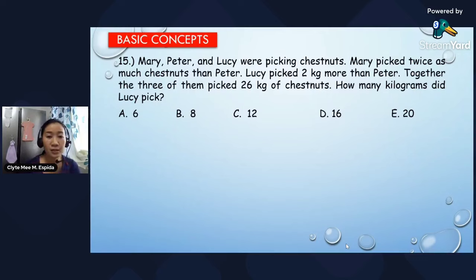Then Lucy picked 2 kilograms more than Peter. So that is X plus 2. Then solve. Sabi dyan, together, the three of them pick 26 kilograms. When we say together kanina, sa keywords natin, all together, we mean addition.